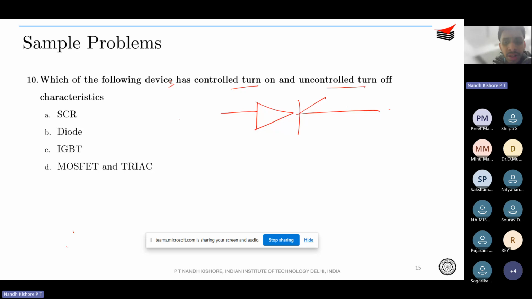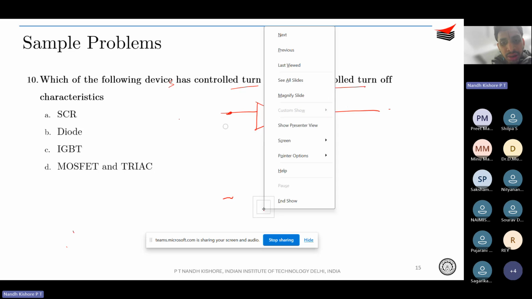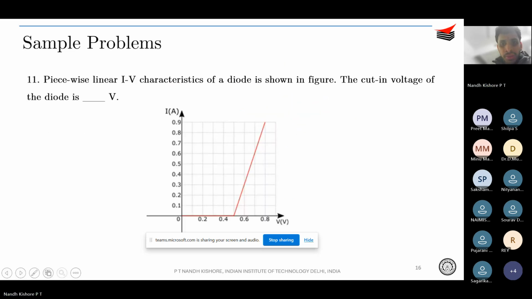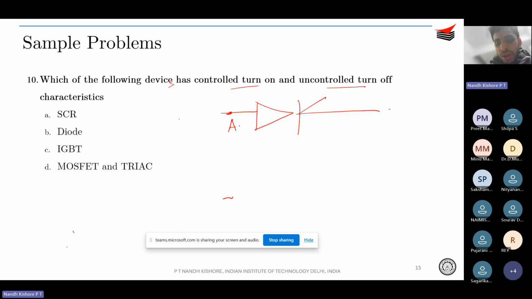Why do we say that? Let's say this is your anode, this is your cathode, and you have a specific gate current. It's a current controlled current source, a CCCS.